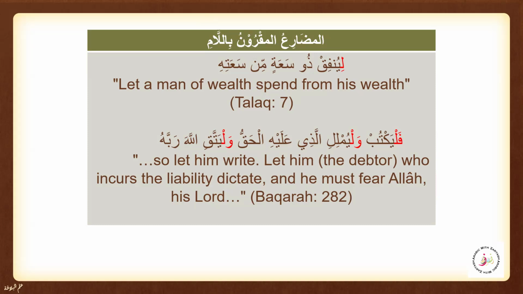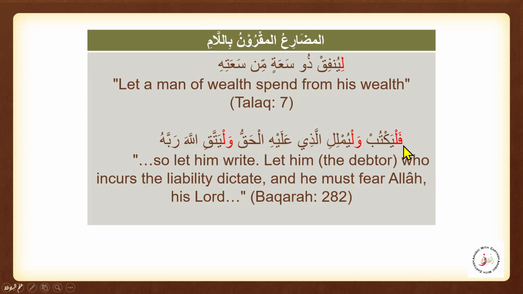Also, one thing to note is how to differentiate between the two lams: the lam for command and the harf nasb li of likai. The harf nasb li will remain the same when it is attached with any harf of atf. But this lam al-jazma or lam al-amr, when attached with the harf of atf, fa, wow, or thumma, will take a sukoon.